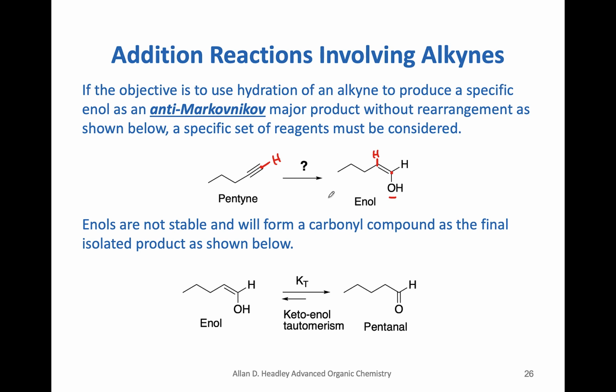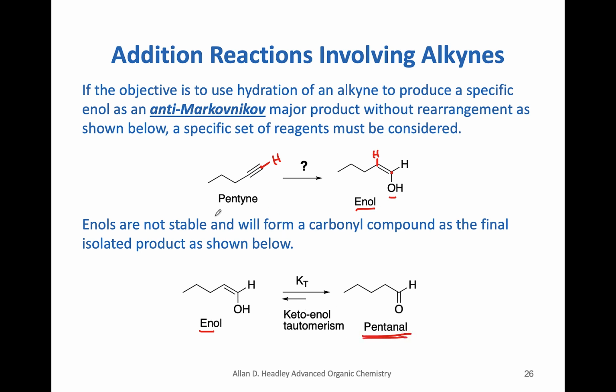This, of course, would be an anti-Markovnikov addition of water to our alkyne. And again, it's an enol, so you'd expect the enol to tautomerize to the keto form here. In this case, it's an aldehyde. Same type of tautomerization as we have discussed in the previous slides. So this is the final product.